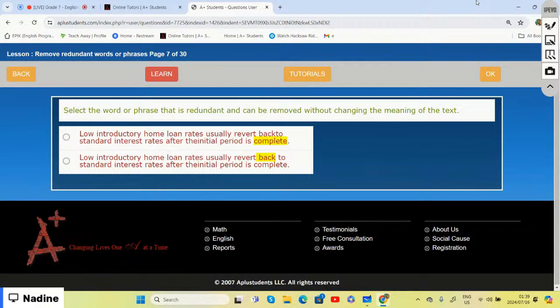All right, so we said once again, low introductory home loan rates usually revert back to standard interest rates after the annual period is back.